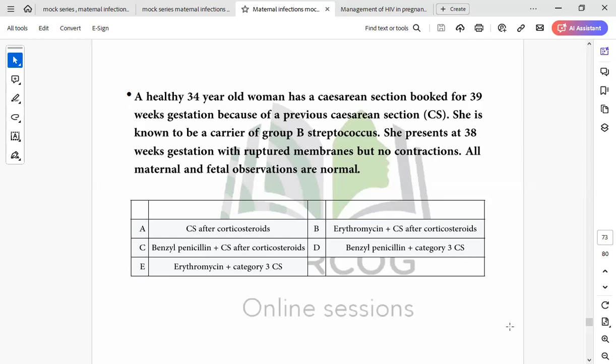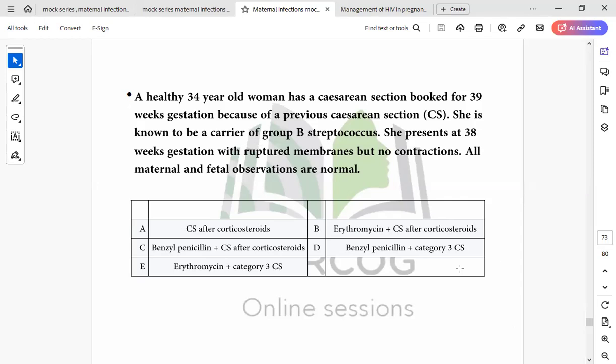Exactly, Dr. Khan. Any ruptured membranes, guys, with positive GBS, you are going to give IAP. Now the question is, are we going to give benzyl penicillin plus corticosteroids, or benzyl penicillin plus category 3 cesarean section?